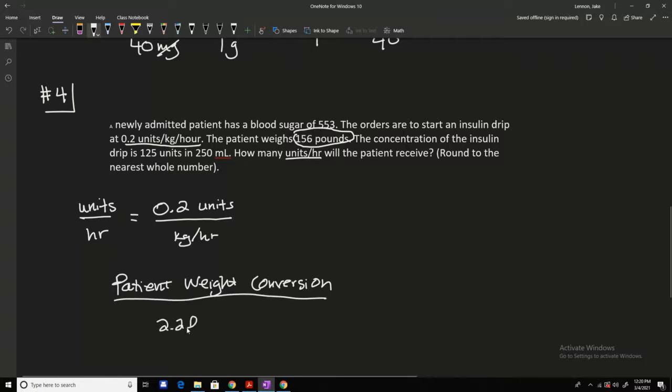So we know that 2.2 pounds is equal to 1 kilogram. So we're going to want to use that. We know kilograms has to go on the bottom of the fraction. So I'm going to put my 1 kilogram on the bottom, and I'm going to put my 2.2 pounds on top. And now this is something that will often throw people for a bit of a loop.